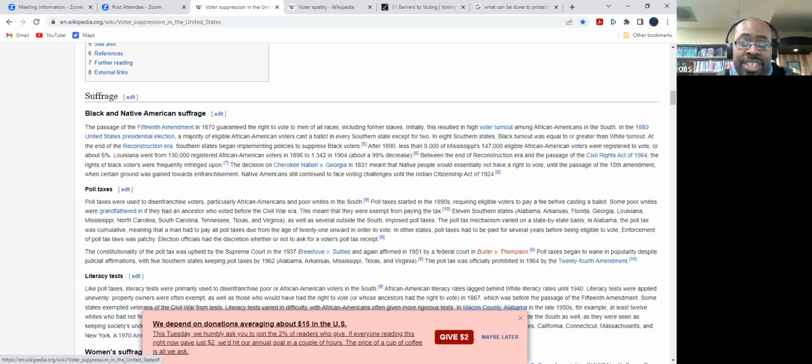Between the end of the Reconstruction era and the passage of the Civil Rights Act of 1964, the right of Black voters was frequently infringed upon.